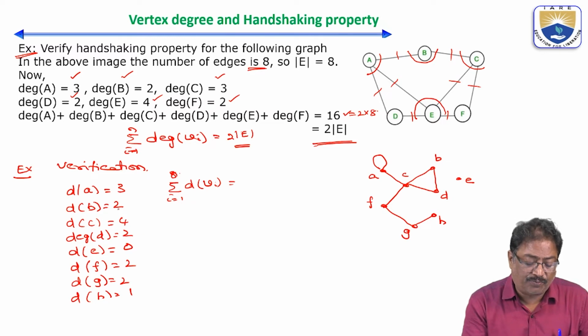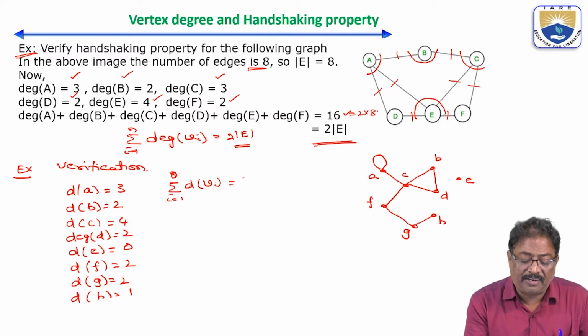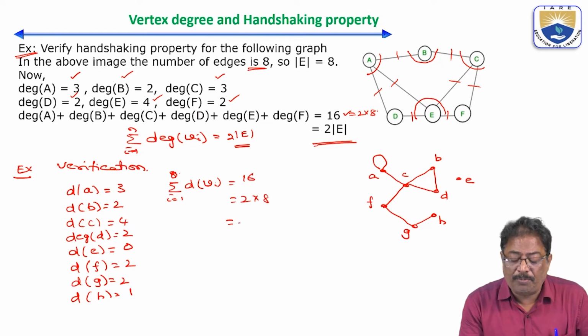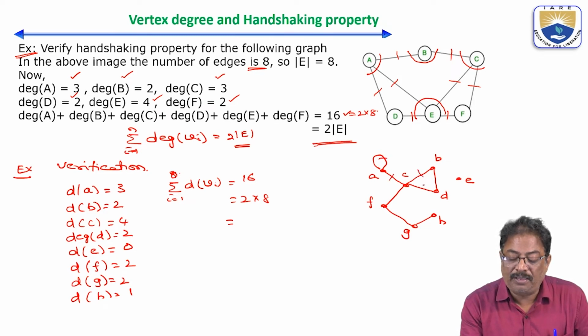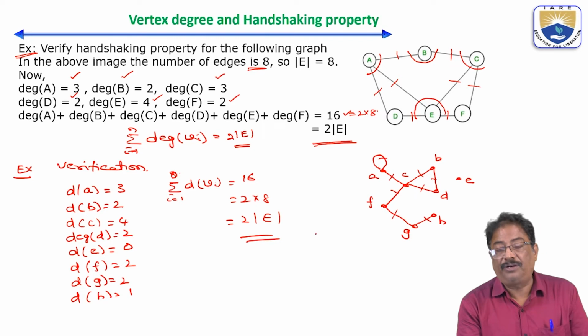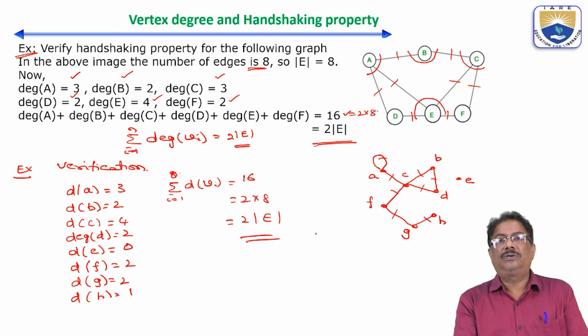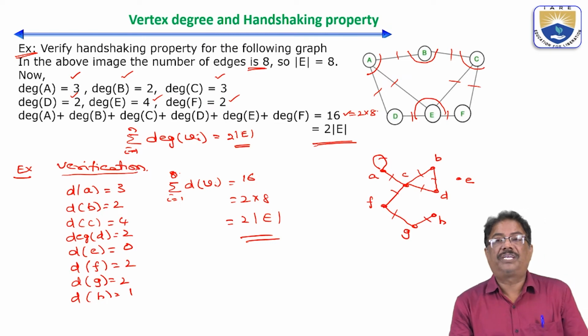Then it is equal to 16. So which is equal to 2 into 8. How many edges is it having? 1, 2, 3, 4, 5, 6, 7, 8. So it is nothing but 2 into number of edges. So this is the way that we are going to verify the handshaking property.